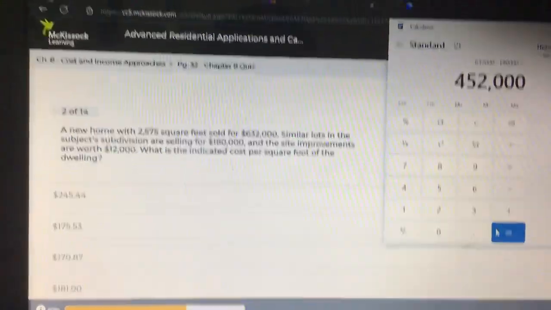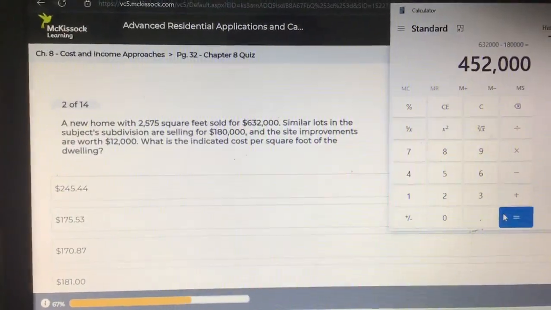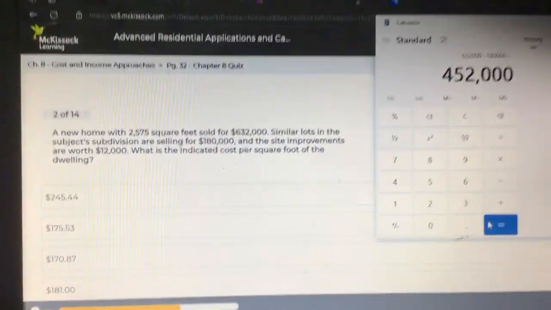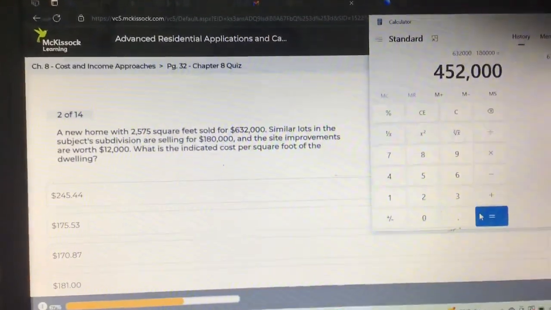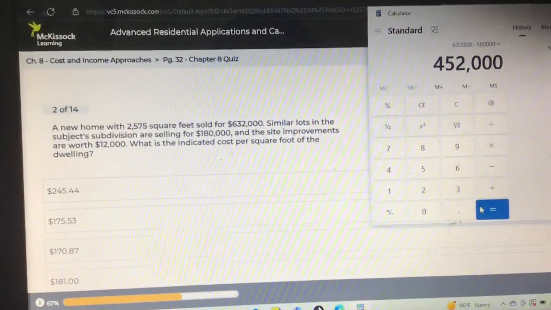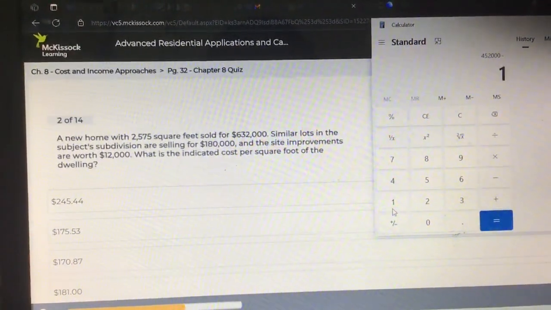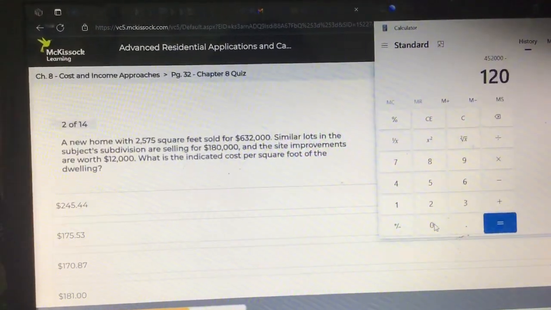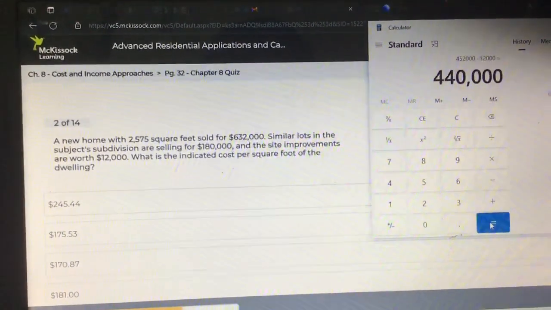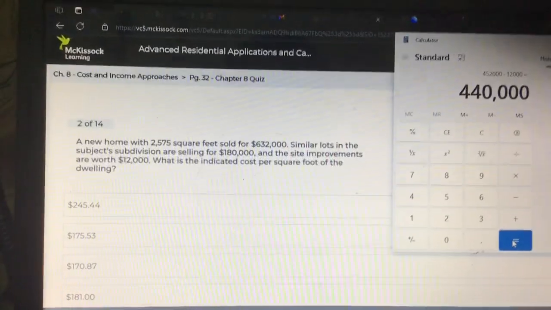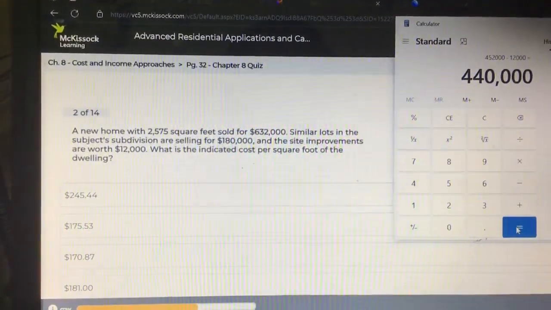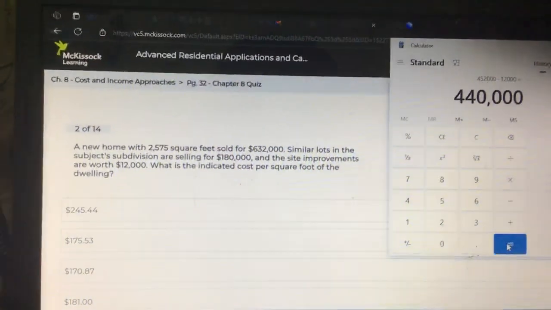That's going to equal the $452,000 estimated, or depreciated cost of improvements, I believe is what it's called. And then you're going to minus the $12,000 of the site improvements. That equals $440,000. I believe that's the lump sum depreciation.